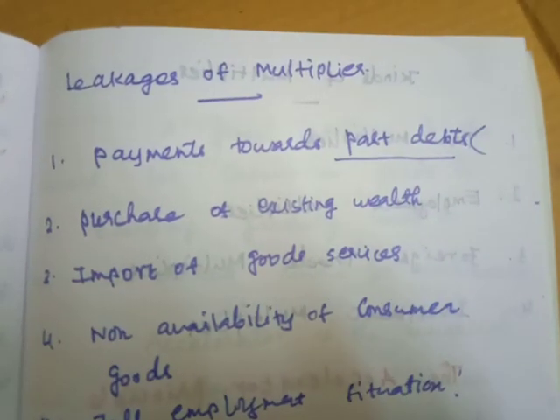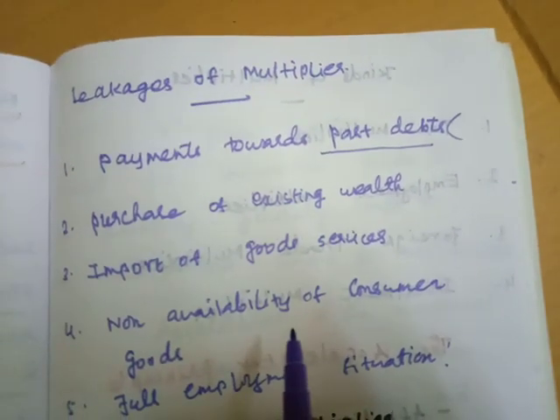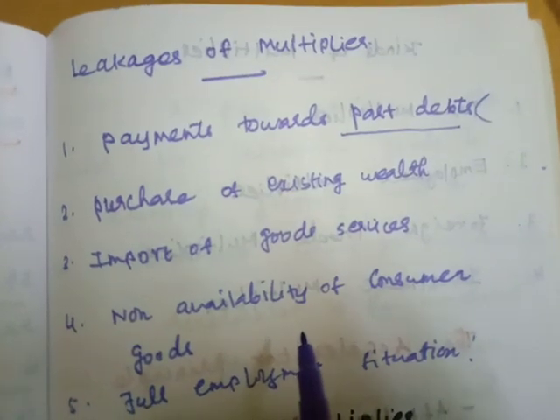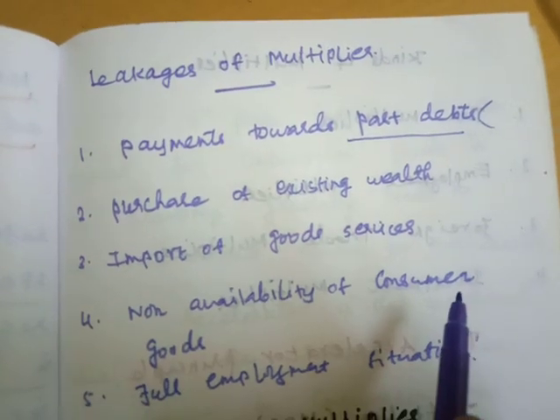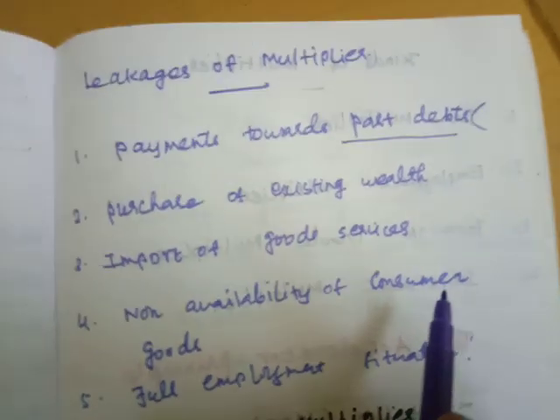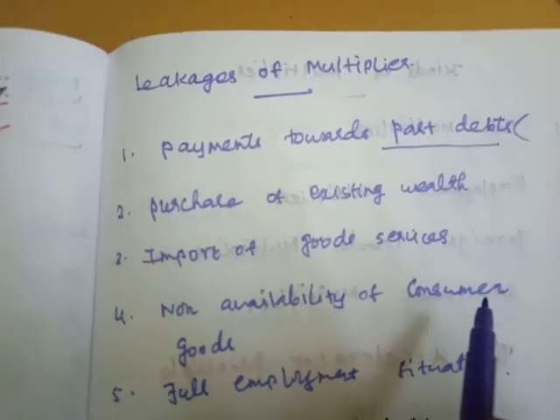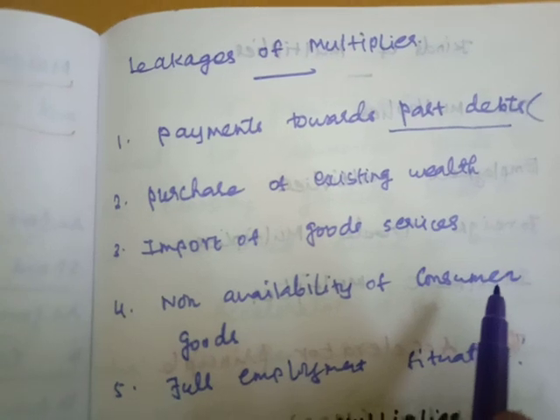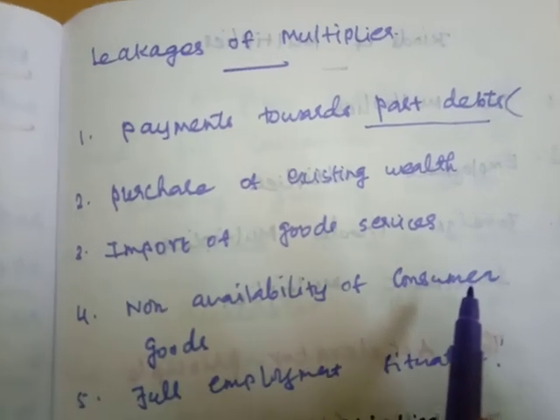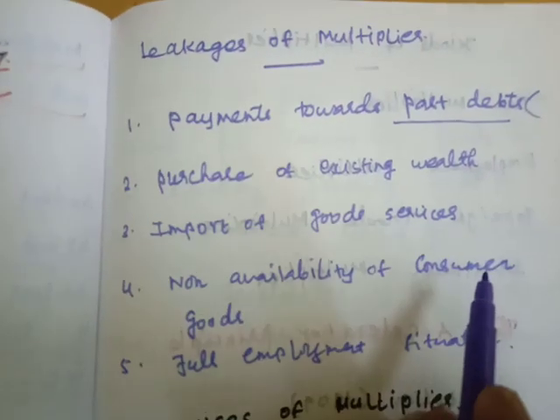Debts means borrowing money from a financial institution, bank, friends, relatives, money lender, etc. If a portion of income is used for the repayment of old loans, the marginal propensity to consume is reduced, and as a result the volume of the multiplier is also reduced.